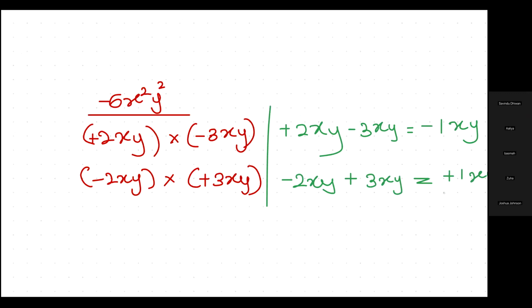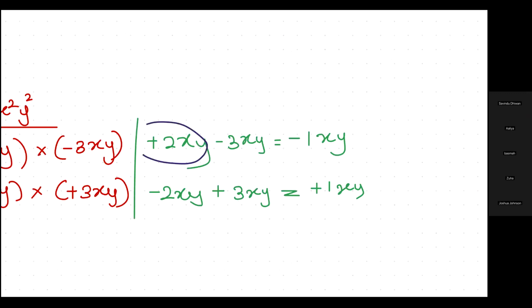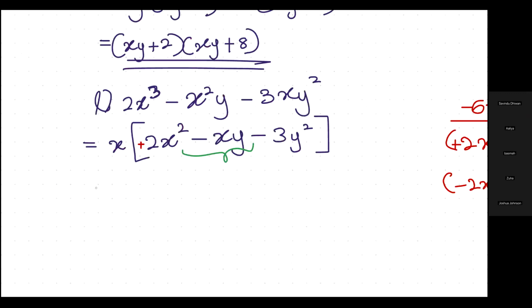Here, what do we need? We need minus xy. And now we have to use these two, plus 2xy and minus 3xy. So, plus 2xy minus 3xy minus 3y squared.